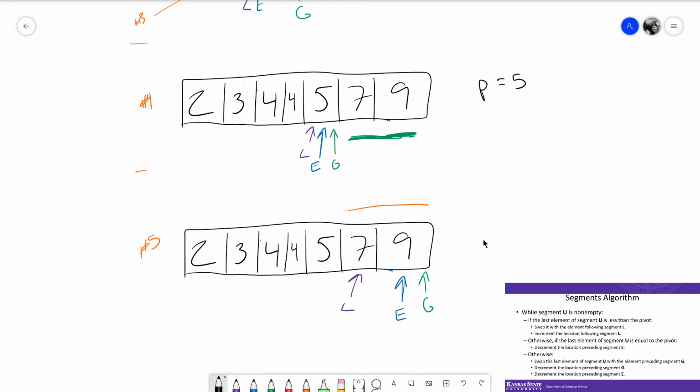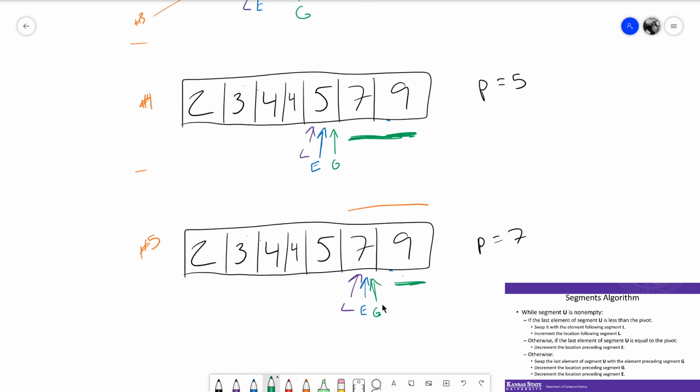Our pivot point in this case is 7. And so we will find that 9 here is greater than our pivot point. And so E and G get shifted over. So that means 9 is part of our greater than portion. E is here, so our loop stops. G is there as well.